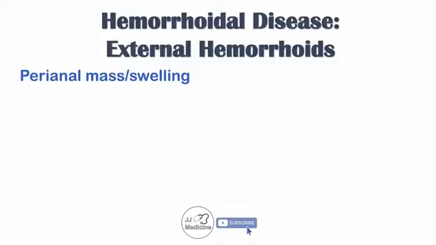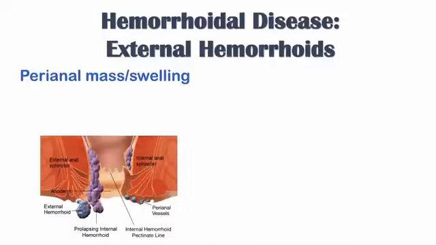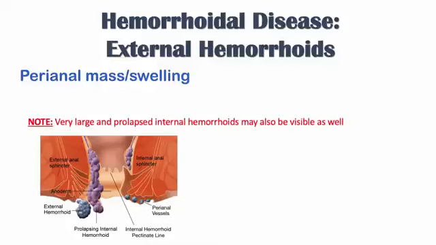So one of the first things we're going to note with regards to external hemorrhoids is a perianal mass or swelling. So here's a better diagram of internal and external hemorrhoids. Here is a prolapsing internal hemorrhoid, as I have mentioned before, and here's an external hemorrhoid. Because the external hemorrhoid is below the dentate line, we're more likely to see a perianal mass or swelling.